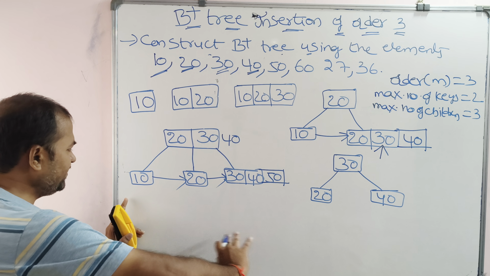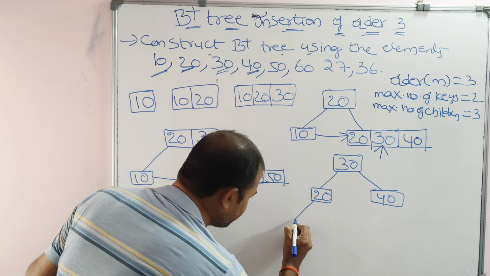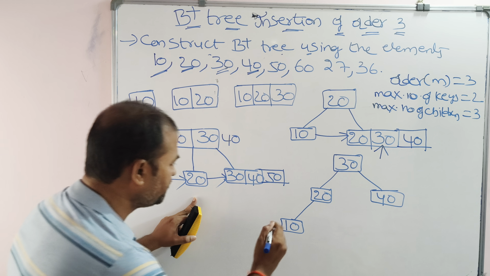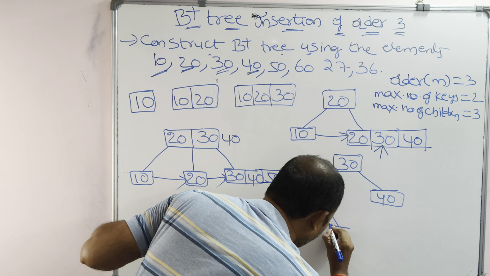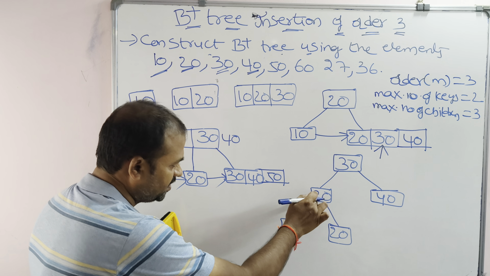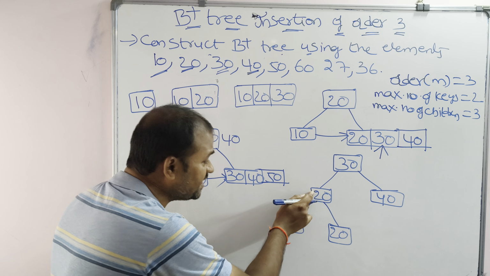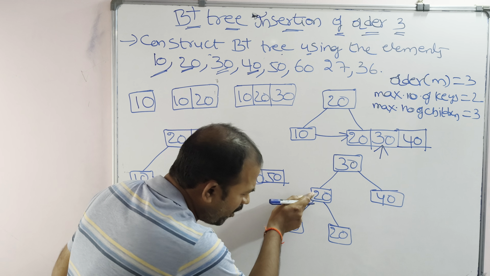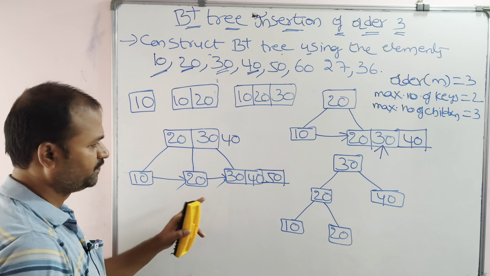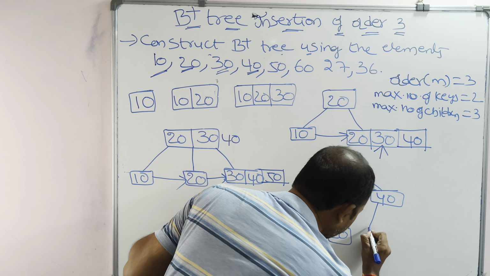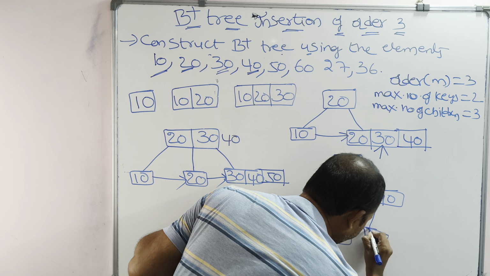So let us store the leaves now. 10 is less than 20. So let us insert here. Next 20. Let us store 20 here. Here this 20 is a key, whereas this is an internal node. This 20 is a pointer. It is pointing to the key 20. Next we have to store 30, 40, 50. 30 is less than 40.